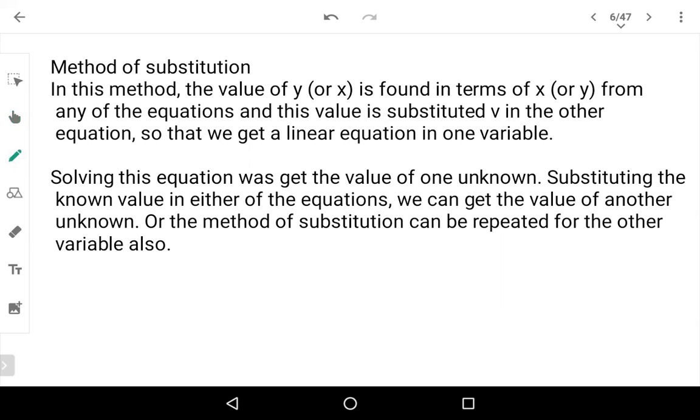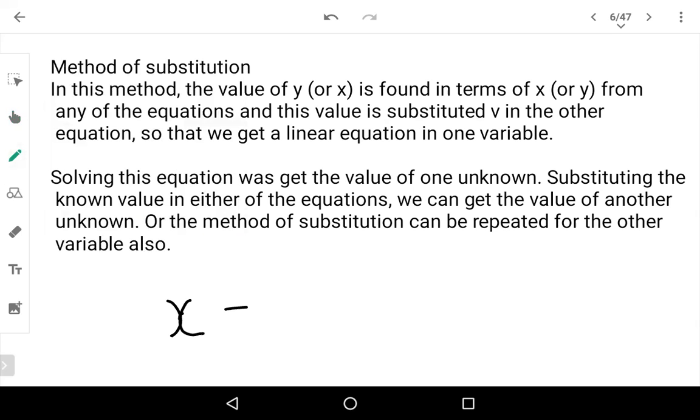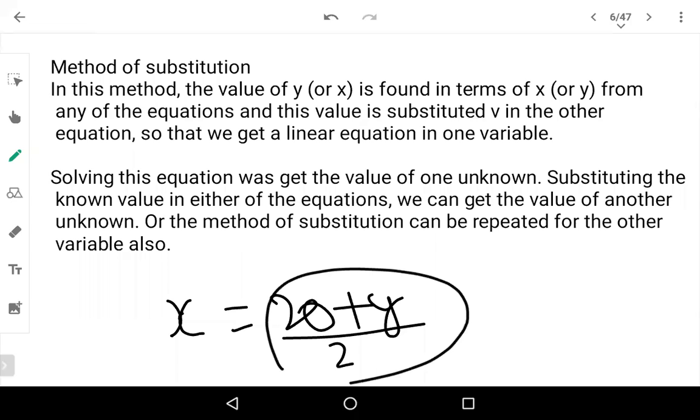What are they trying to say is, now we are not going to multiply any equations here. Okay, from whatever question they have given to us, we are going to get x to one side and all the other variables and constants will be kept on the other side. I'm going to get x to one side and whatever constant, let's say 20 plus y by 2 is there. So I'm going to get all the constants and variables onto the other side. Now I will use equation 1 for doing this.